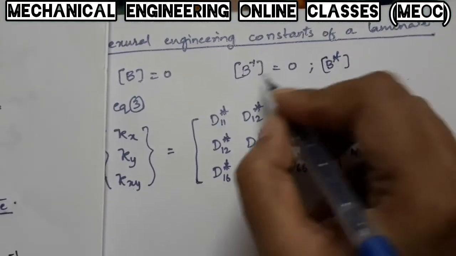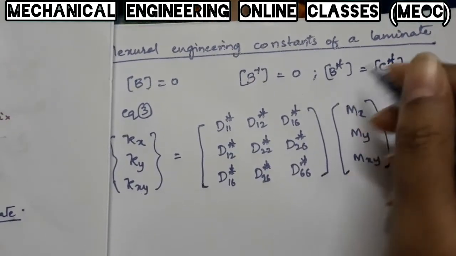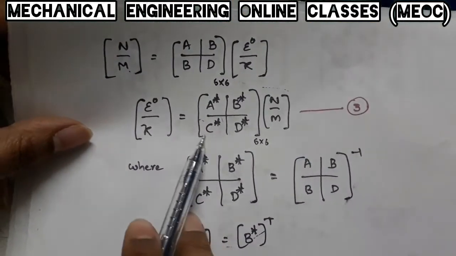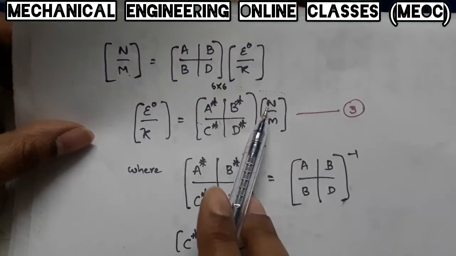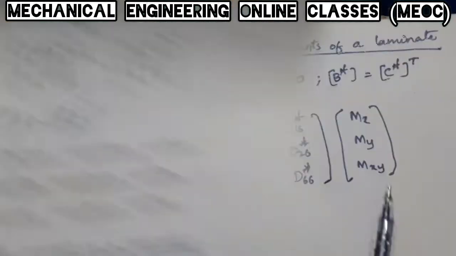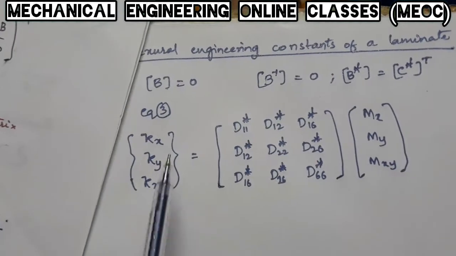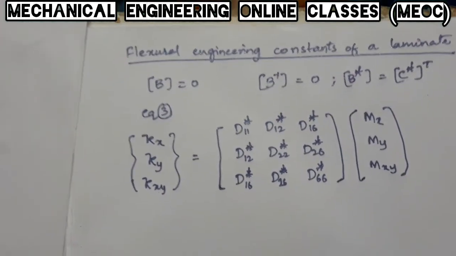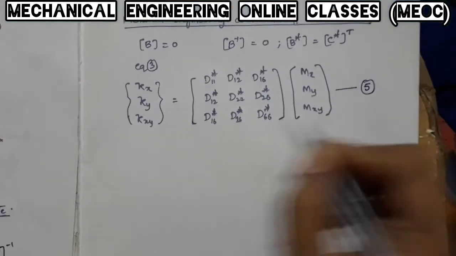So all the matrices related to B star will be equal to 0. C is also related to B matrix because it is the transpose of B star. So these 9 elements are all zeros. So K is equal to 0 into N plus D star into M. That is what I have written here, where I did not write this 0 term. So it is D star matrix into M matrix. I am numbering this equation as 5.